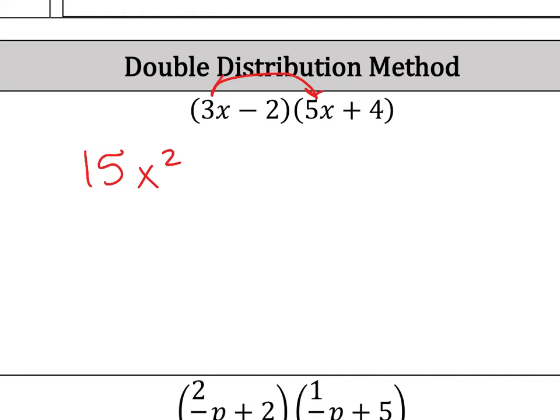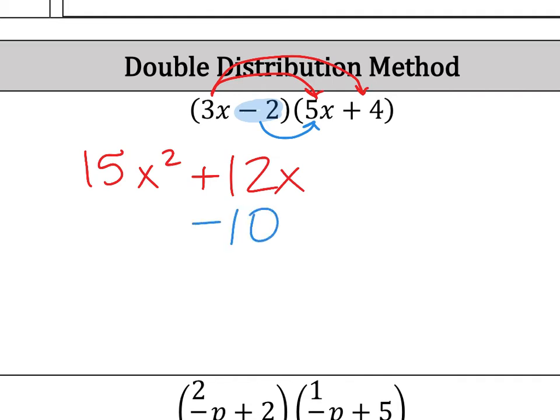Then I'm going to do this again. I'm going to do 3x times 4. Well, 3x times 4, that's just 12x. Did you follow that? That's one distribution, but this is called double distribution. So I'm going to have to do it again, but this time I'm going to use this negative 2. What's negative 2 times 5x?